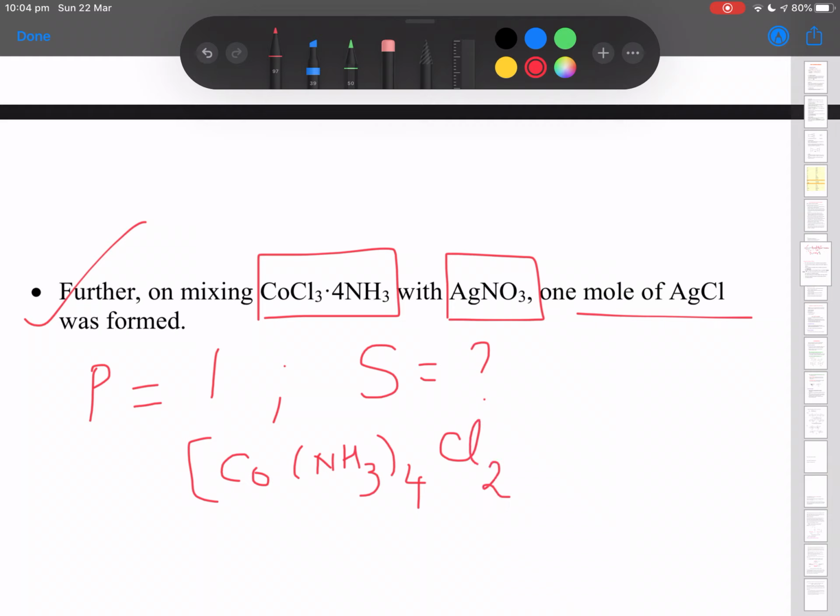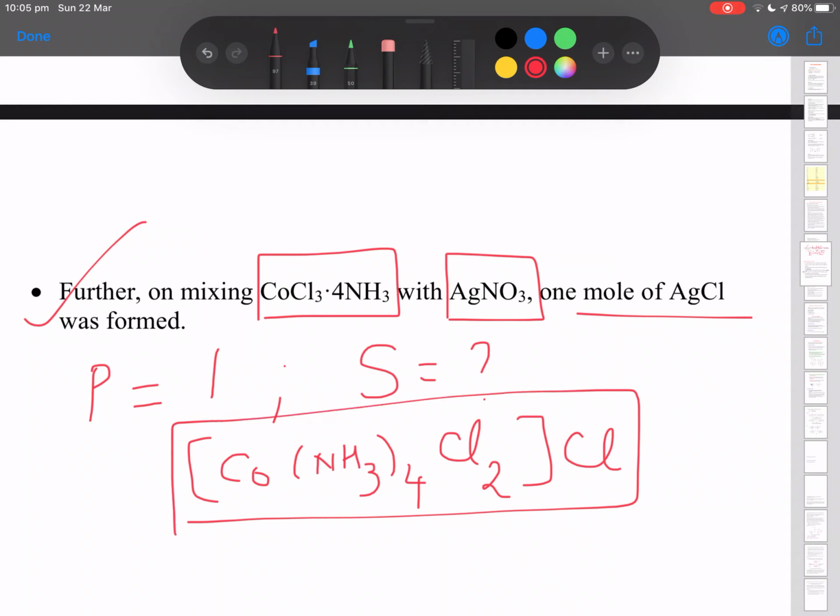So these Cl2 are now called chlorido, and one chloride ion is acting as a counter ion. So that's the structure of the coordination compound. So again the secondary valency comes as 6, right? Why 6? Again because of 4 amine and 2 chlorido.